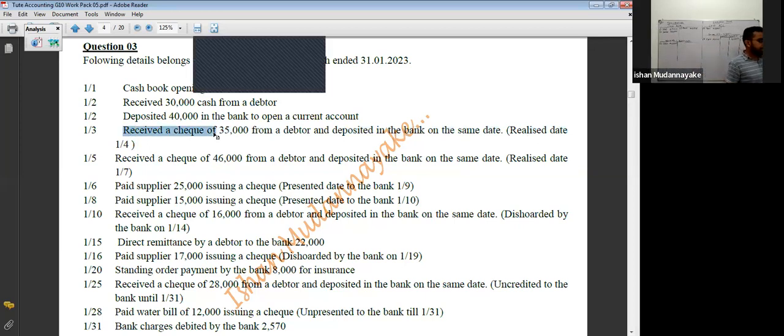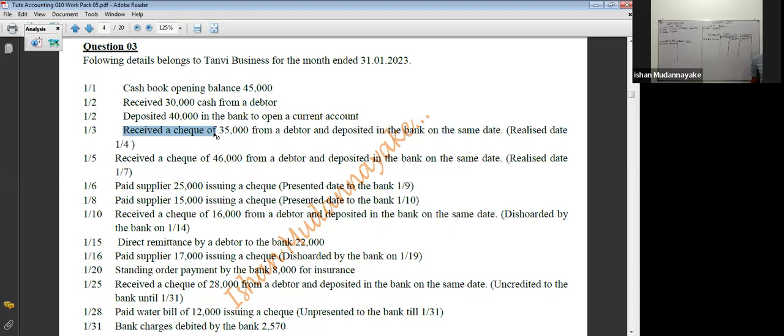Received a check of 35,000 from a debtor and deposited in the bank on the same day, in the Sampath Bank. But the realized date is 4th January. They deposited this check on the same day, but the realized date is 4th January.